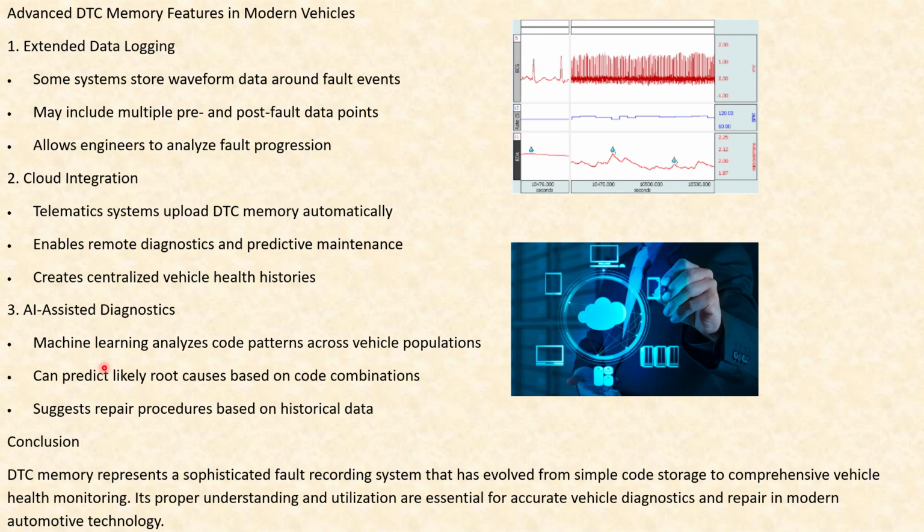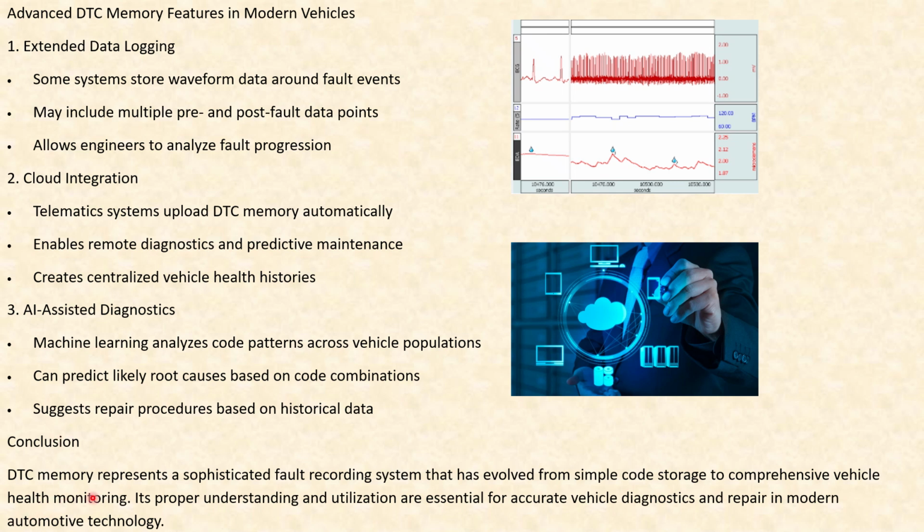So in future, instead of just understanding the code pattern in only one vehicle, with the help of machine learning, you can even analyze the code pattern across the vehicle population. And this is a very important application as far as fleet management is concerned. It can predict likely root causes based on code combinations, and suggest repair procedures based on historic data. Okay, so these are the various advanced DTC memory features in modern vehicles.